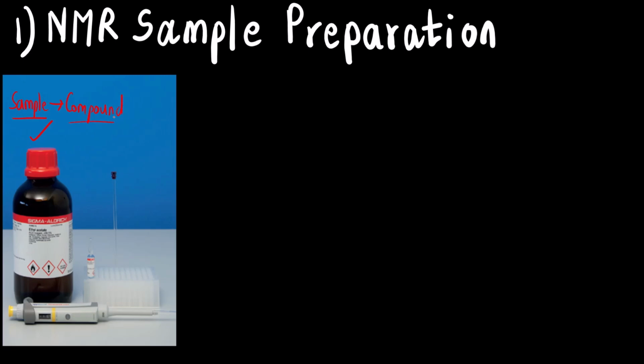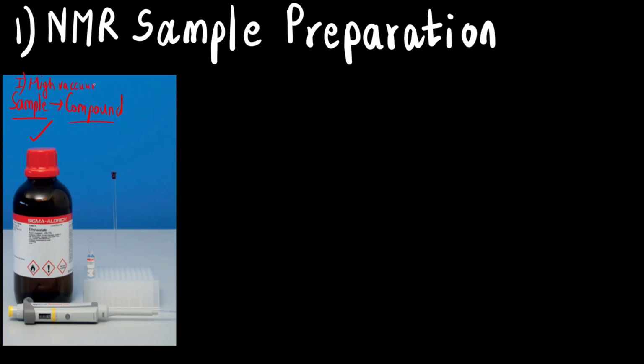Mostly when you work in the field of organic synthesis, the first thing to keep in mind is that you take the NMR of the sample after you complete the column chromatography. First you do the separation and then the analysis. Before you do the NMR, the very important thing is that you apply high vacuum.